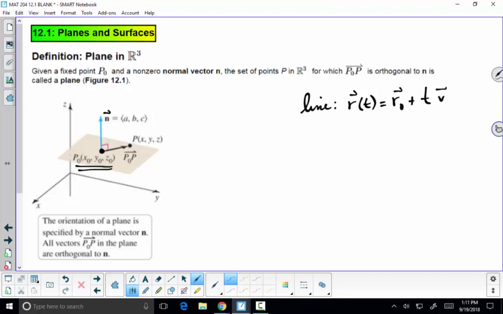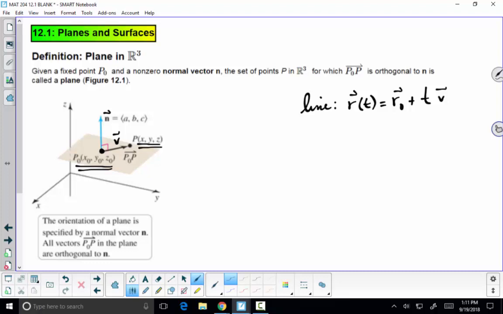We're going to construct the equation for the plane by building this vector v that is a displacement vector between the known point and an arbitrary point. The arbitrary point will have coordinates x, y, z.